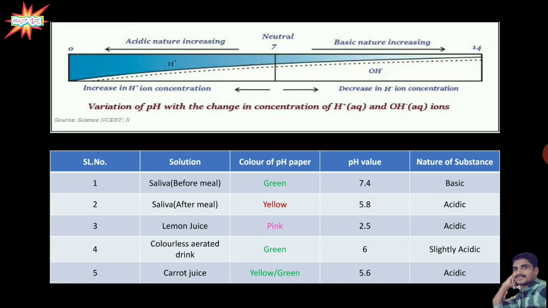In the same way, the basic nature of the substances is more if the pH value is 13 or 14. The basic nature is less when the pH value is 7.5 or 8 or 9. This is the concept.